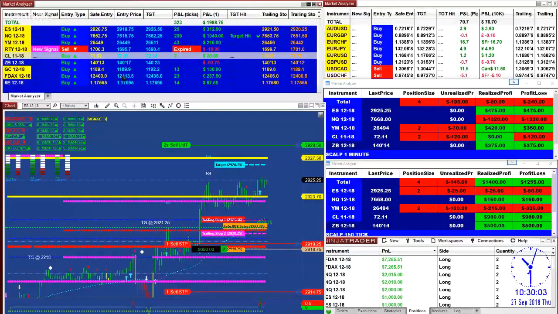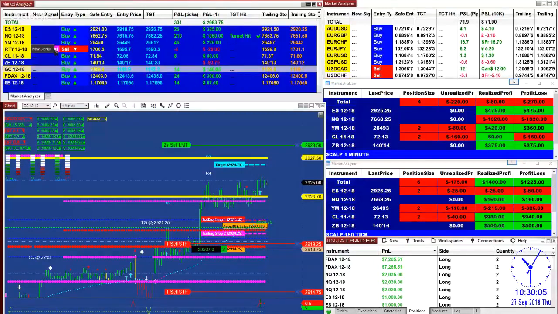We have a new signal on the Russell. Sell? Okay. Sell entry on the Russell is 6957. Target is 6898.